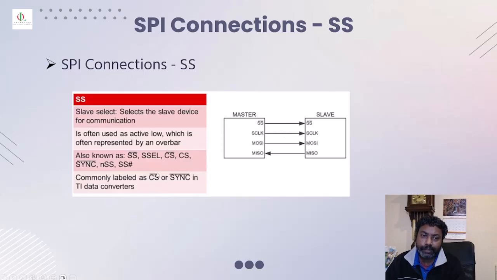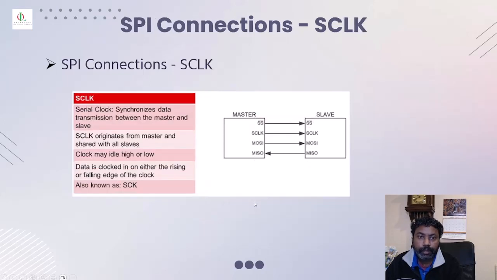In Texas Instruments you would see a lowercase n and SS, or SS hash. In a lot of data sheets you will see CS bar, which means active low, or sync low, and it is used for data converters. You would see that in the TI devices used for data conversions. So that's the slave select pin.